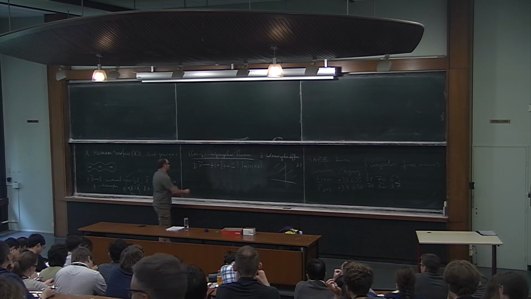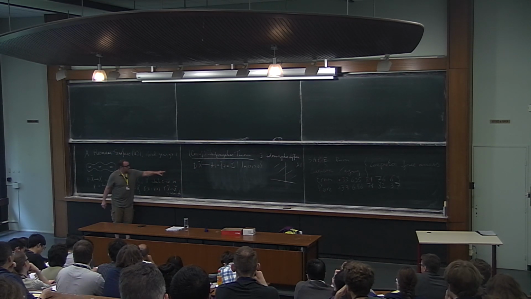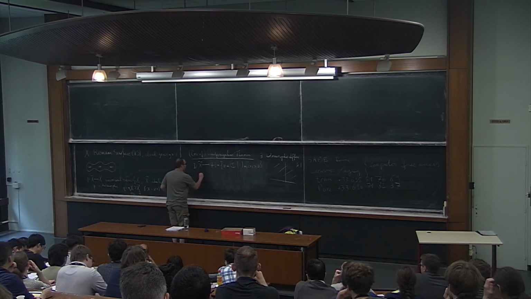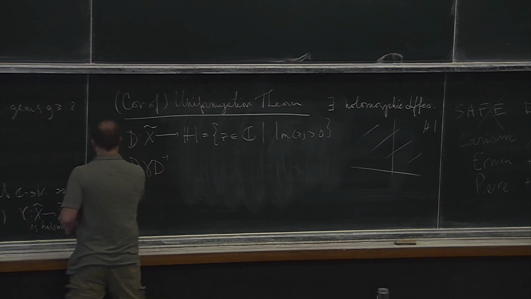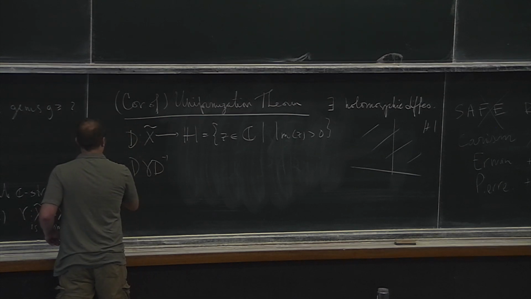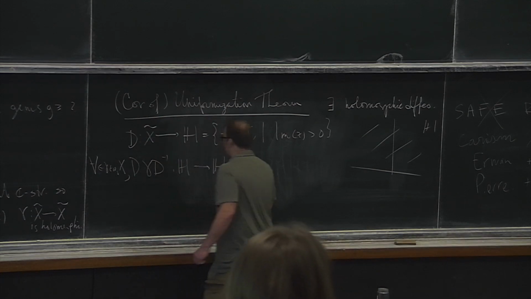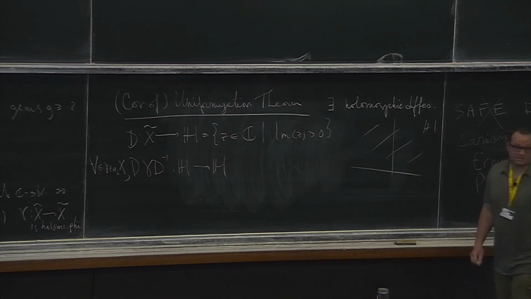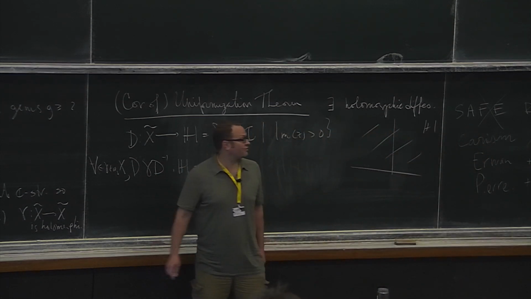Which means that if I conjugate this holomorphic map by D, so I can write D inverse gamma D, for all gamma in pi 1 of X, this gives me a holomorphic map, right? It's a composition of three holomorphic maps. So this is a holomorphic map.